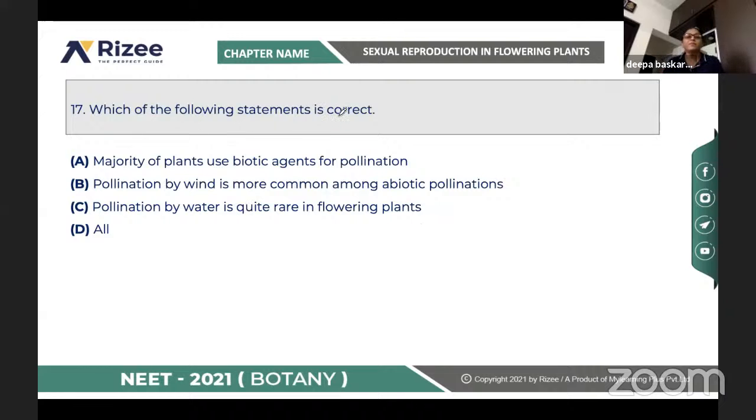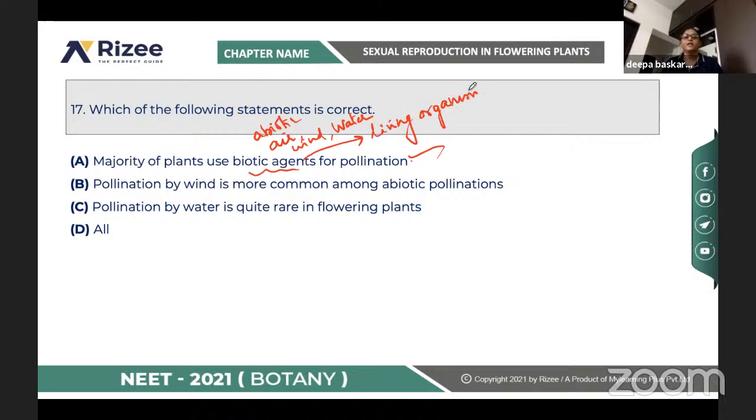Which of the following statements is correct? Majority of plants use biotic agents for pollination. Yes. So what are the biotic agents involved? Air, water, that is wind. Sorry, these are abiotic. So what are biotic agents then? Living organisms.